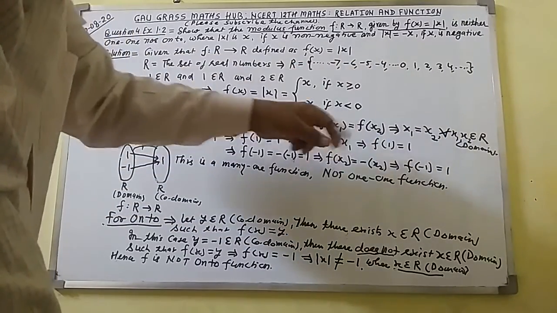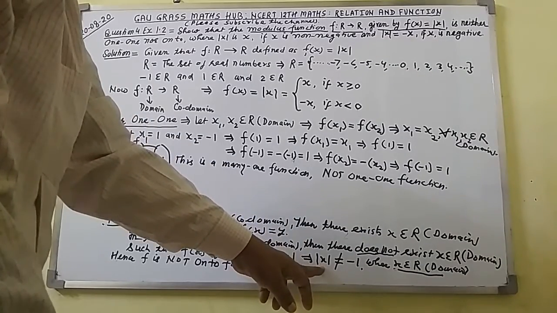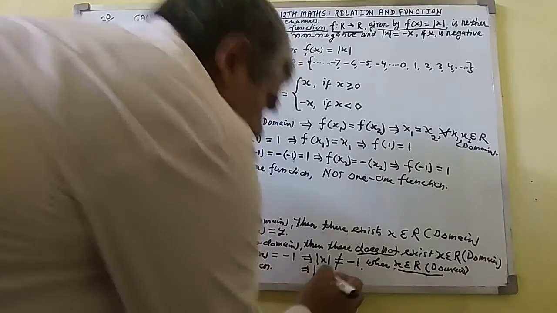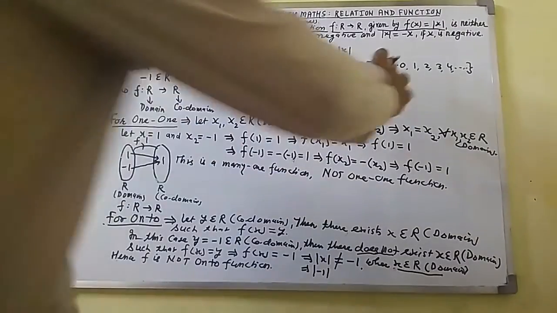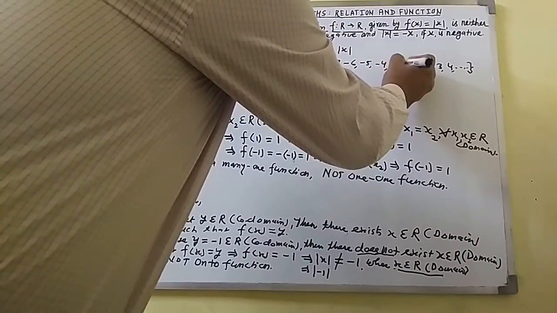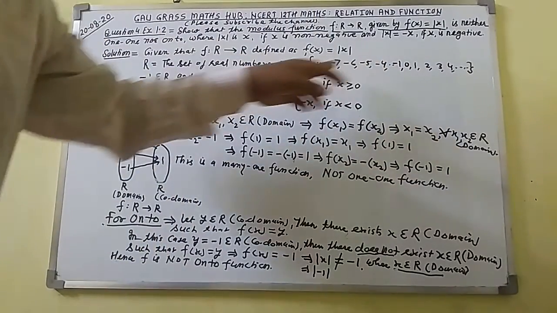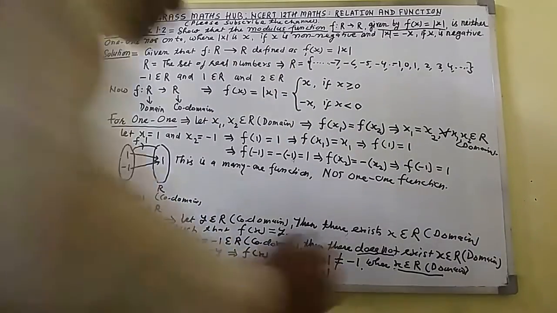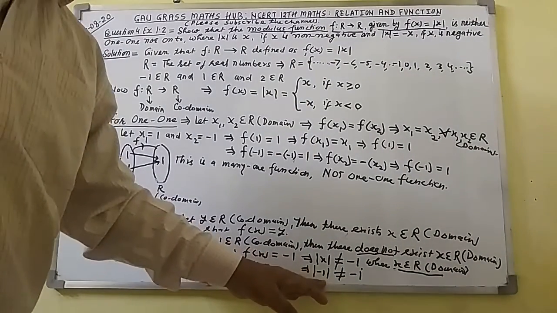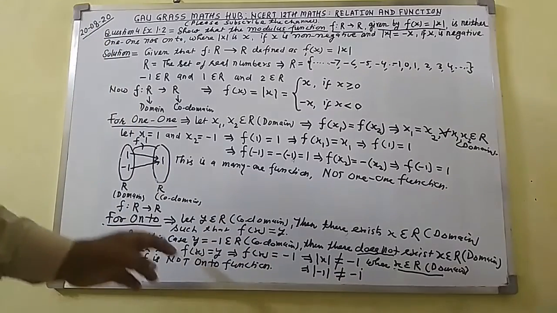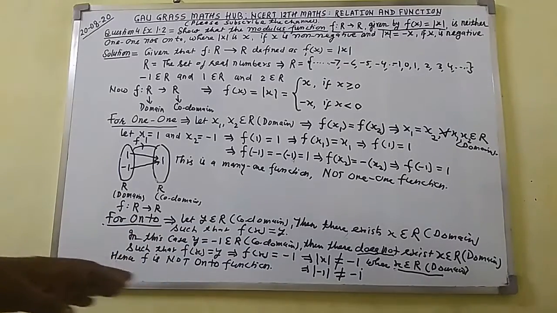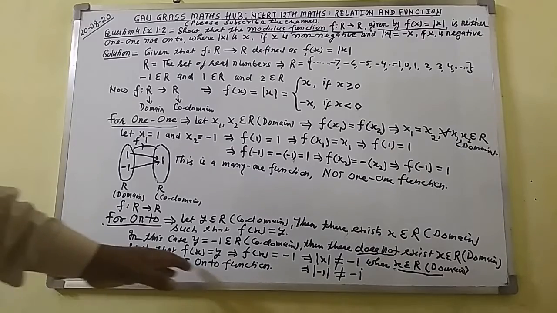If you take here a negative value, suppose x equal to minus 1, then minus 1 belongs to set capital R. If you put value of x equal to minus 1, mod of minus 1 comes out to plus 1, which is not equal to minus 1, because y equal to minus 1 belongs to capital R codomain. So then f is not onto function.